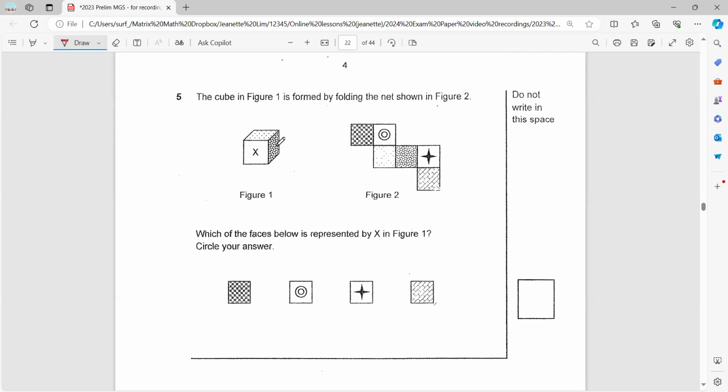Also right next to this sandy looking side. So these two sides are over here, right? What will touch these two squares? It will be this brick looking one. Okay, so this is the X that is shown in figure 1.